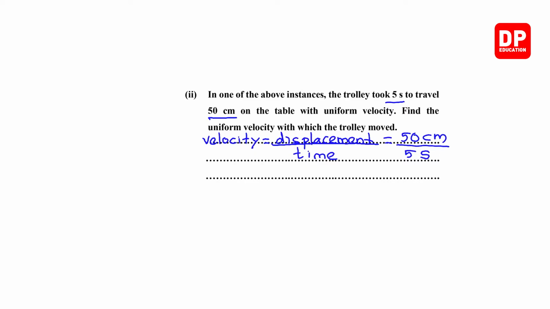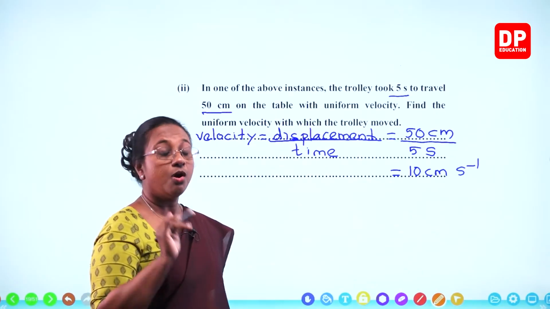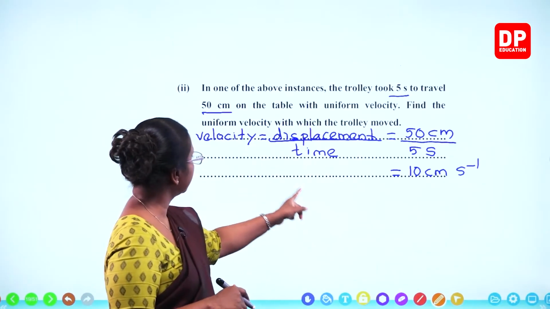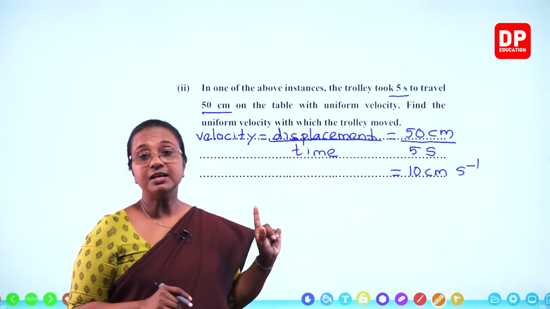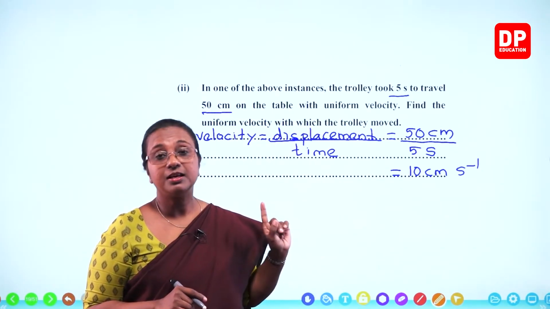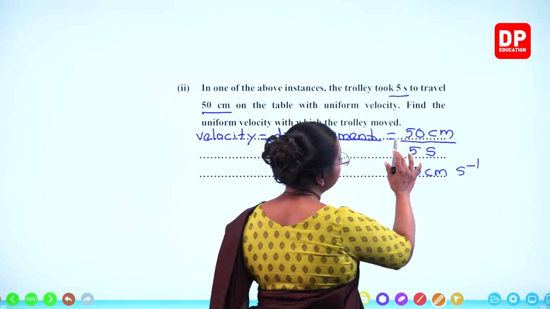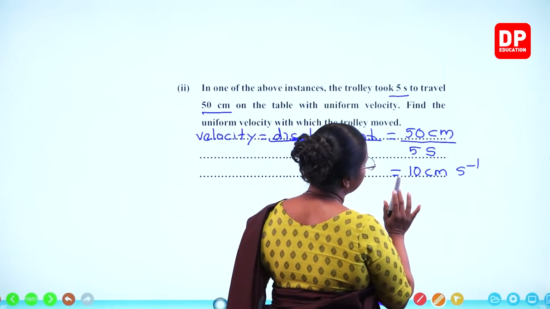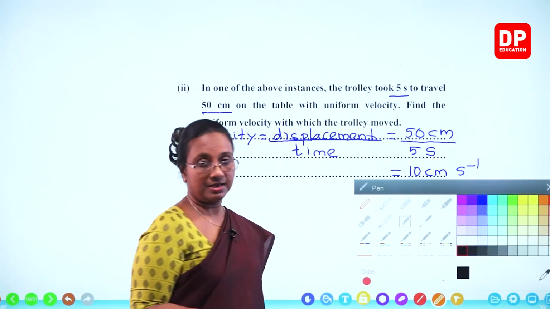So you will get the answer as 10 centimeters per second. But when you write the answer, you have to write the correct unit. Always, when you do a calculation, write the equation and you have to write the units, the correct units. You can do it this way. So here 50 centimeters divided by 5 seconds. So you get the answer as 10 centimeters per second.